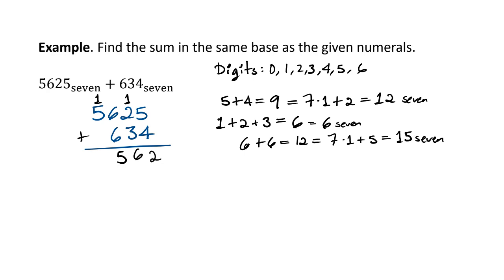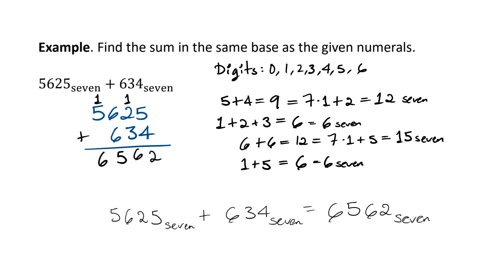And finally, I add 1 plus 5, which is 6. And of course, like before, this is a digit that I can write in base 7, so that's just a 6. And that is my answer. There's nothing else to add to the left, so I've added all of my numbers.